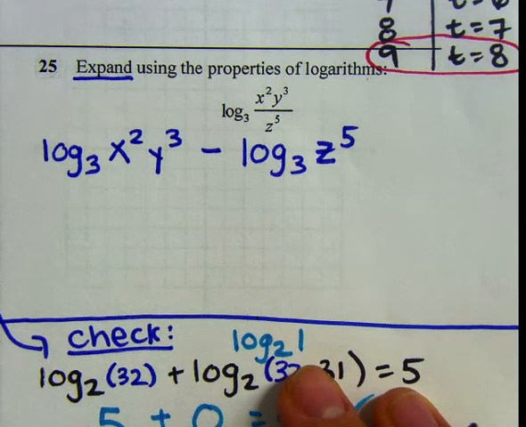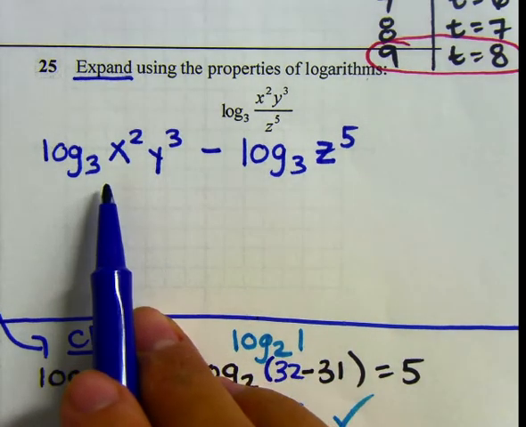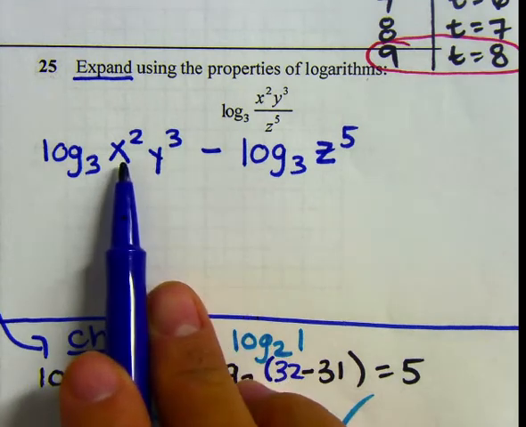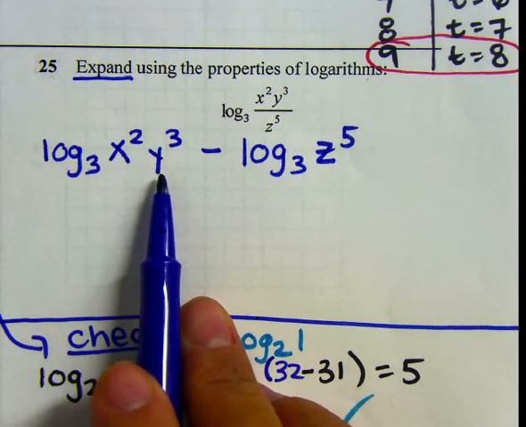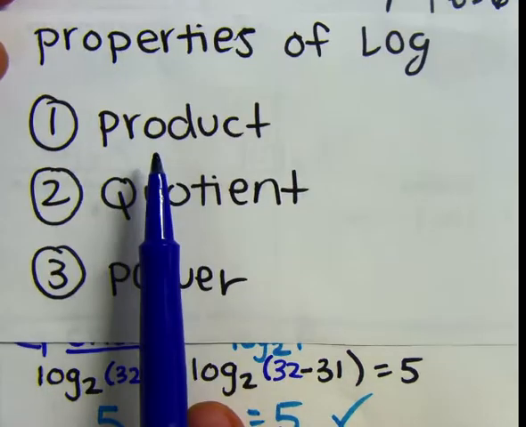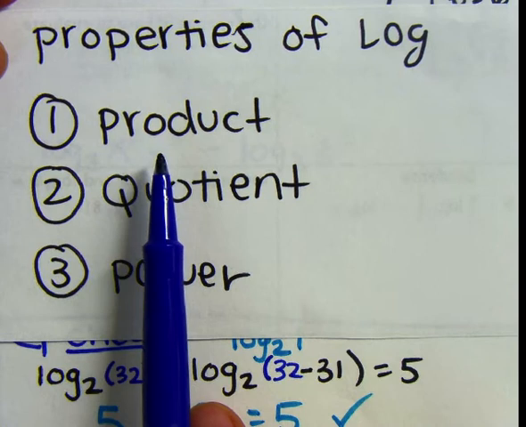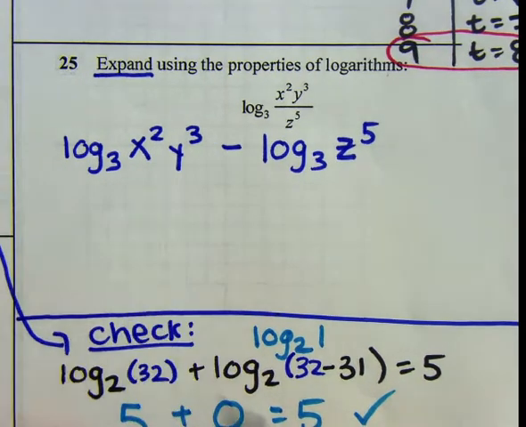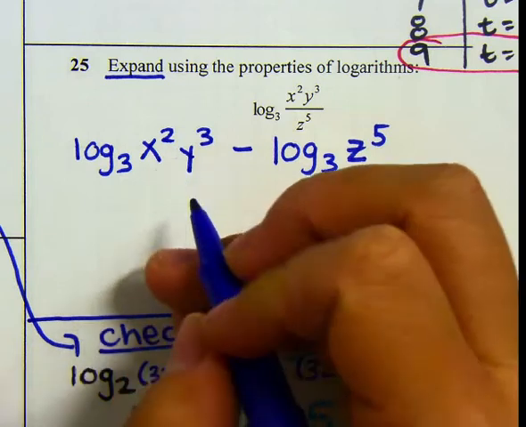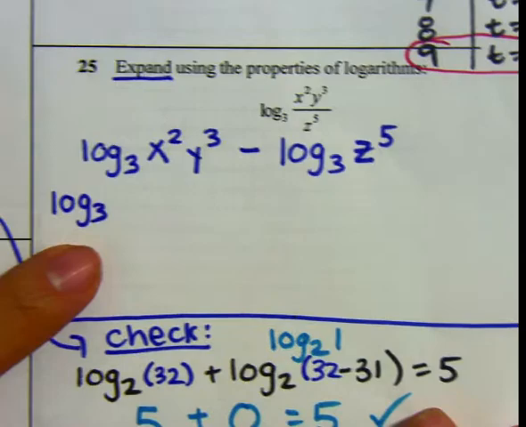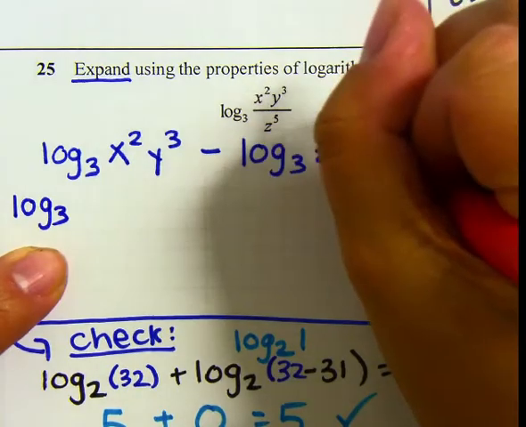Alright, so if you look at my first term, x to the second, y to the third, what are the x's and the y's doing to each other? Well, they are multiplying. So I'm going to use my product property. Product property tells me that I can expand this expression by adding my 2 terms. I should probably write here, I applied the quotient.